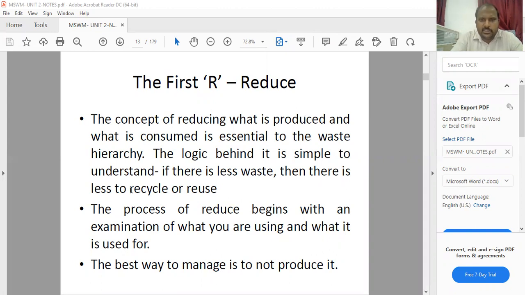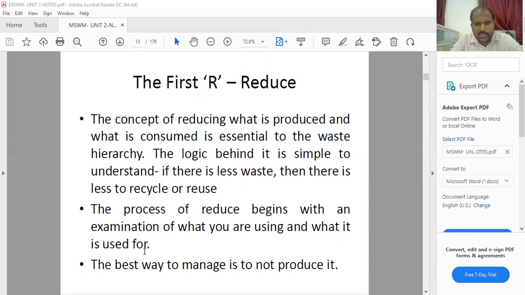The logic behind it is simple to understand. If there is less waste, then there is less to recycle or reuse. The process of reduce begins with an examination of what you are using and what it is used for.